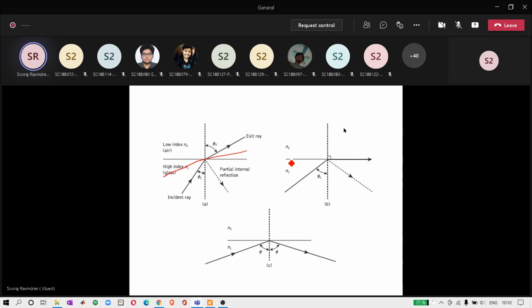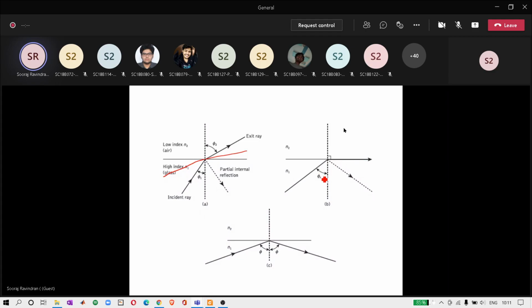So this line, what you see, is the interface between these two materials of refractive indices N1 and N2. So if I keep on increasing the incident angle, the exit ray or the refracted ray would just go along the interface.